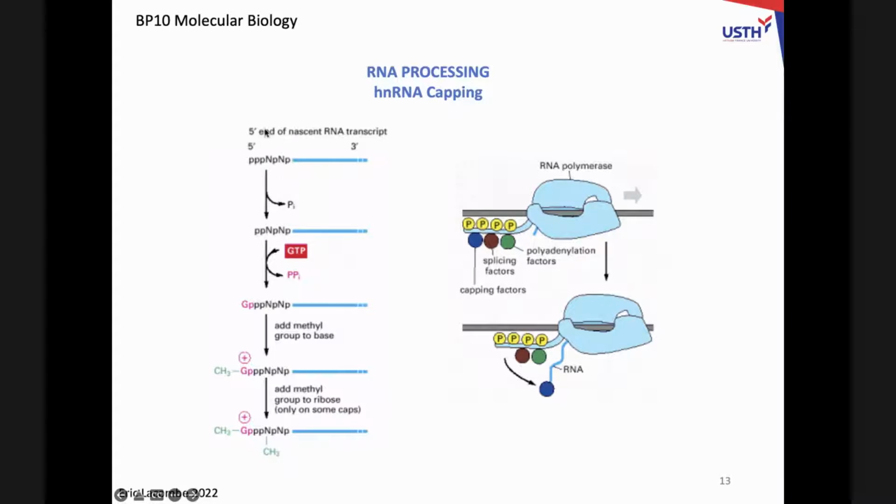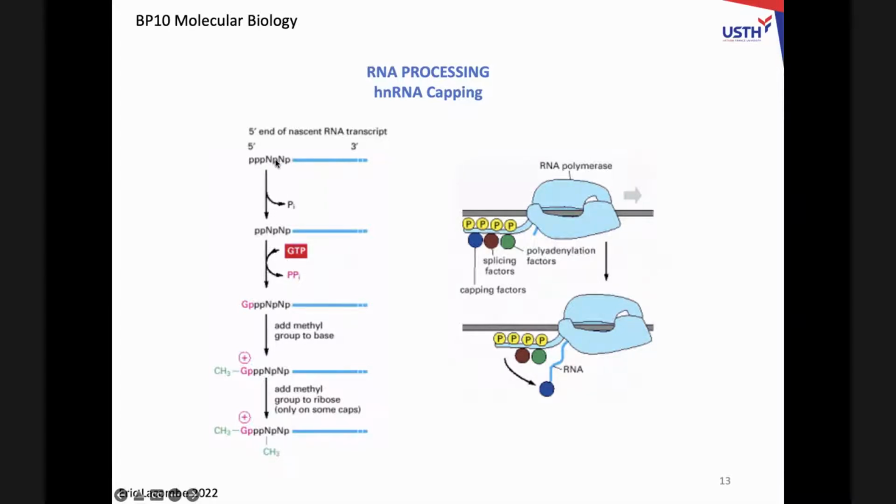On the left, you don't need to know that, but you have it as reference. This is the chemical modification of the 5' end of RNA that is just transcribed from Pol2. The 5' end is always the phosphorylated part of a nucleic acid. There is a succession of 3 or 4 steps.